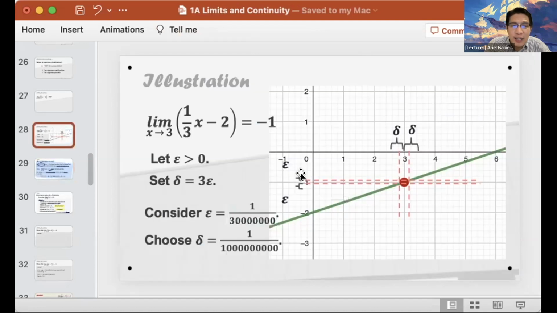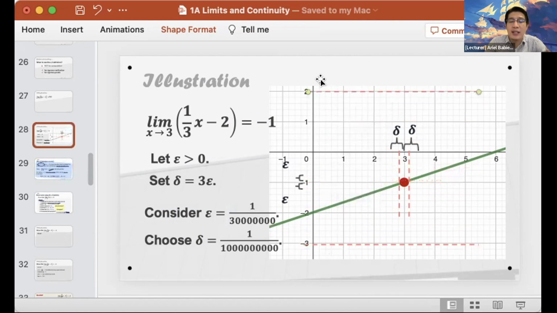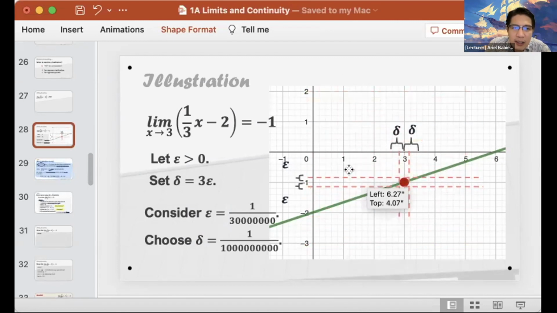Hindi natin goal yung large values of epsilon because if you're going to choose large values of epsilon, it will not give you the actual behavior of the function as x approaches, kasi masyadong malaki yung choices ninyo. What is interesting are those values of epsilon that are very arbitrarily small. And we want to do that for every epsilon.